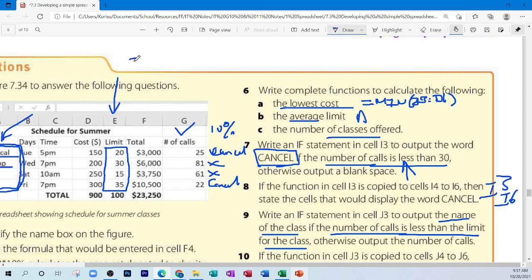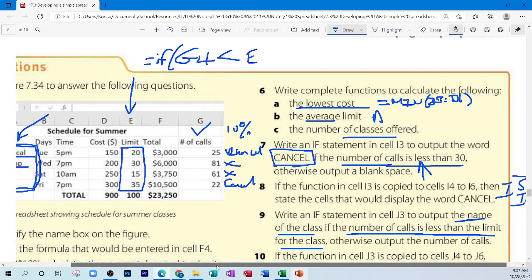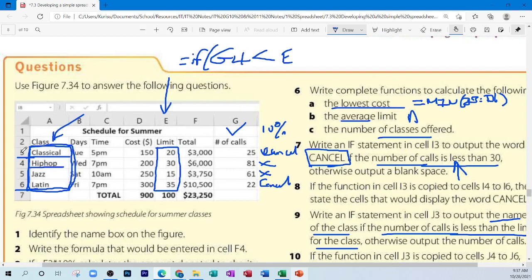Good. So equal if, open bracket, if the number of calls, which is cell G4, if it is less than the limit of the class. The limit is E, so that's going to be E. Actually, we have to start from 3, so that's supposed to be E3.